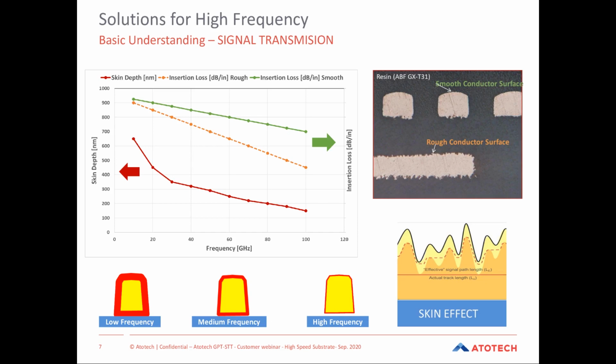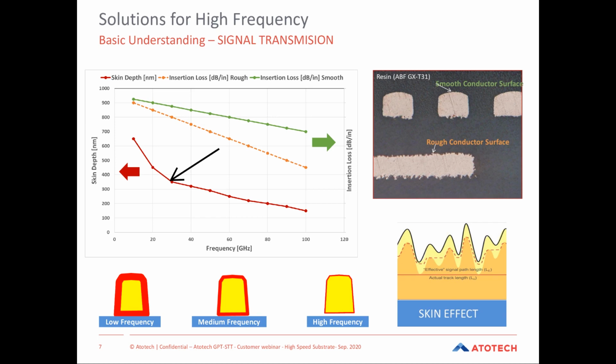Right now, if we take a look at the plot of the skin depth, the skin depth can explain the so-called skin effect. So what is that? From the skin depth, we can see at low frequencies how the signal moves inside of the conductor.